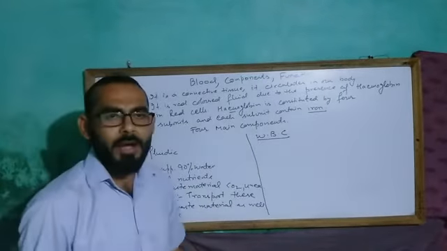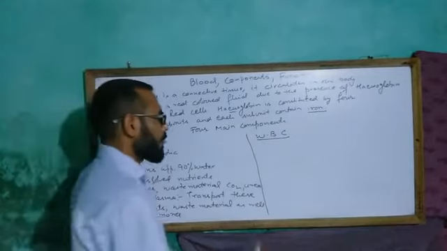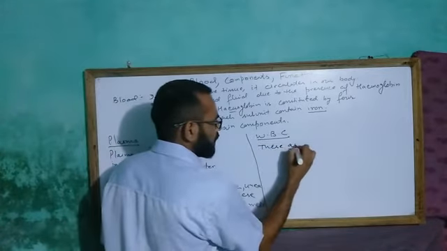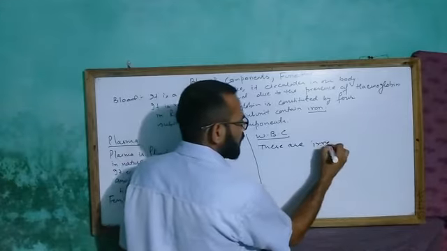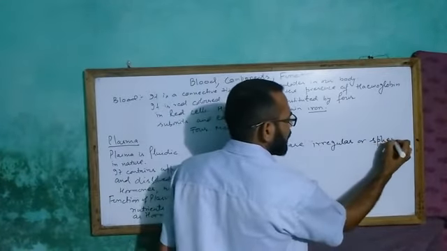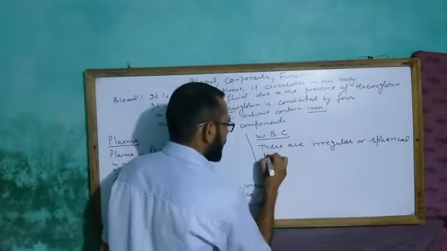Second component is WBC. WBC means white blood corpuscles. These are irregular or spherical in shape.